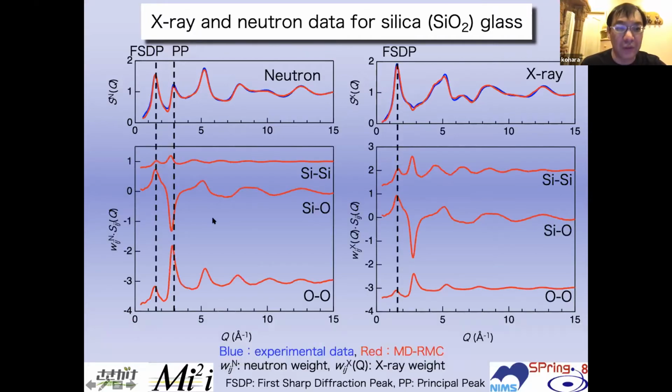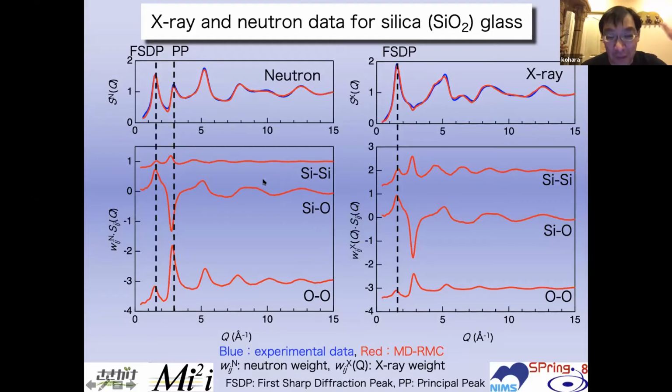So these are the partial structure factors obtained from the model: silicon-silicon, silicon-oxygen, and oxygen-oxygen. These three partial structure factors are already multiplied by the neutron weighting coefficient. The simple summation of the three curves is exactly the same as these red curves. So this is the X-ray case and this is the neutron case.